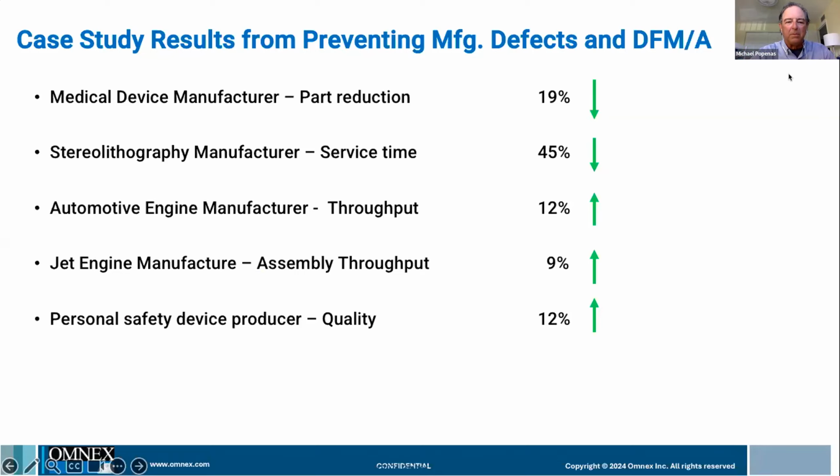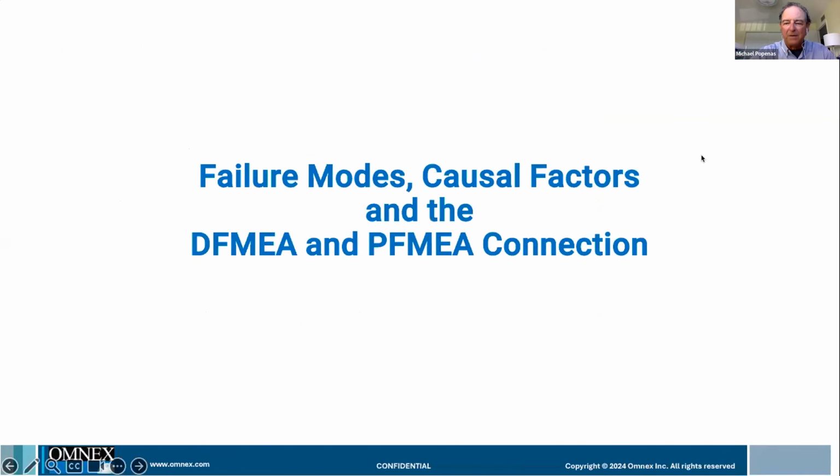A stereolithography machine manufacturer: one of the key things around design for manufacturing and assembly, we'll see, is also serviceability of your components in the field. 45% time reduction they experienced by simplifying their designs for in-the-field service. Automotive engine manufacturer, throughput up 12%. Jet engine manufacturer, assembly throughput up 9%. And then a personal safety device producer, their quality increased 12% by using these methods that we're going to be talking about, design for manufacturing and assembly.